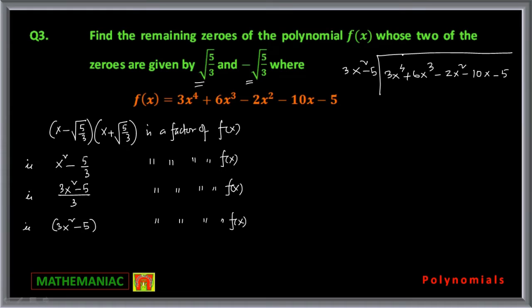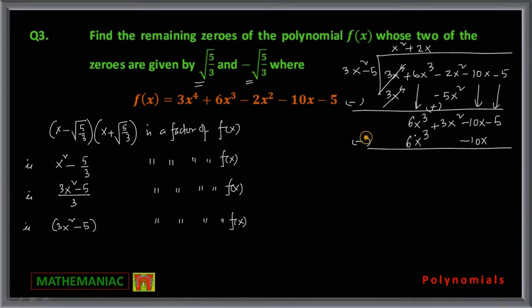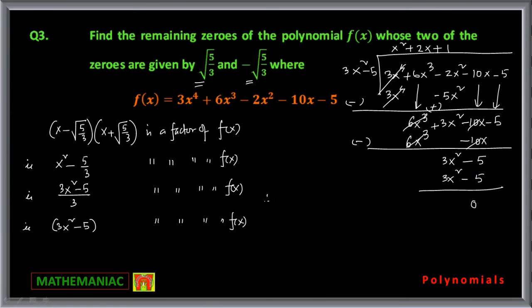Okay, so now you divide it. It will be how much? It is x squared. Like the previous case, what you can write now: f(x) will be equal to 3x square minus 5, whole into x square plus twice x plus 1.